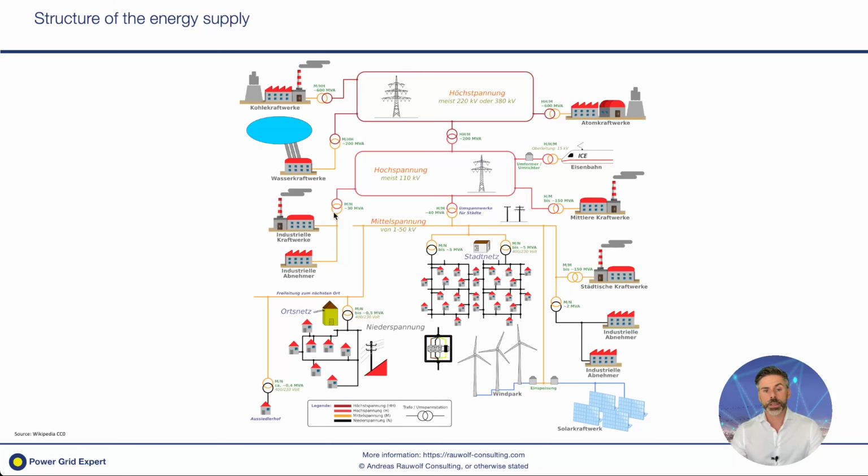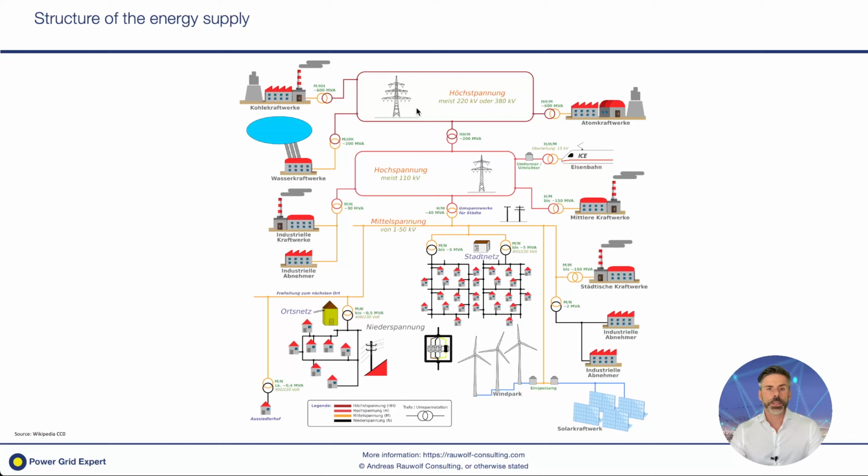In the classic structure of the energy supply grid, these are quite big power plants which are scattered over the country. And the energy that is generated there has to be transported to the areas where the energy is needed, to big cities, to industrial zones whatsoever.